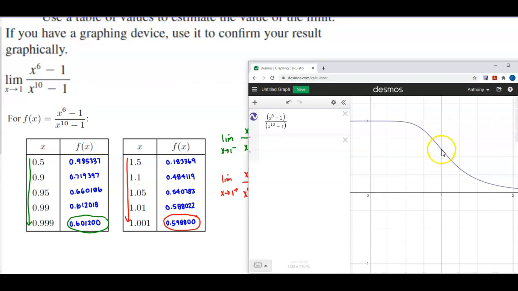So let's take a look here. It's about 0.6 there on our graph.